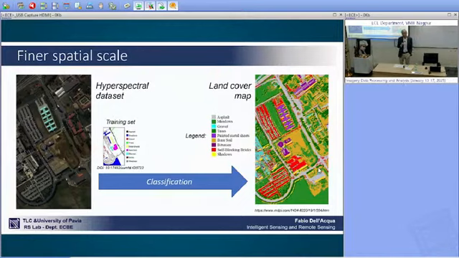You will spend all your money, but you will get a very accurate map. If you don't need all that accuracy, so if you're ready to live with a certain percentage of error, then remote sensing gives you an opportunity to reduce the cost enormously. Okay, but it comes at a price.